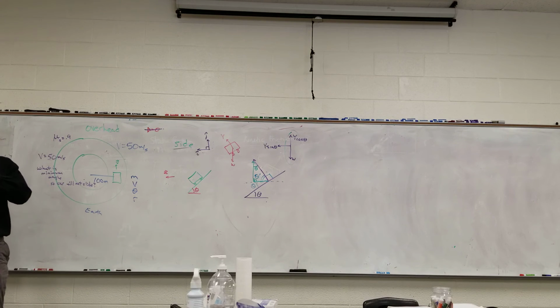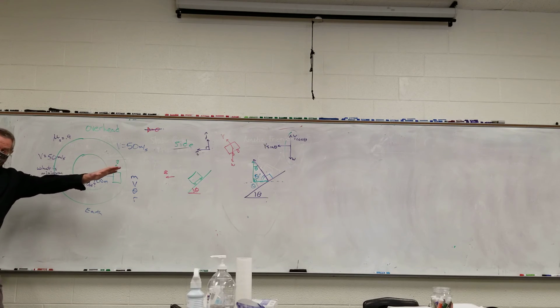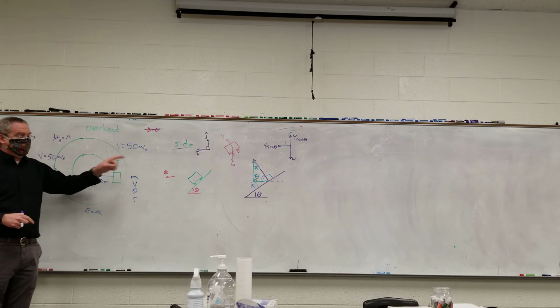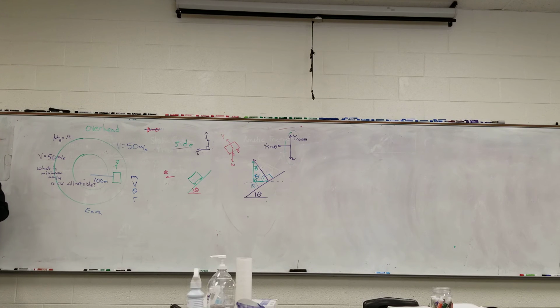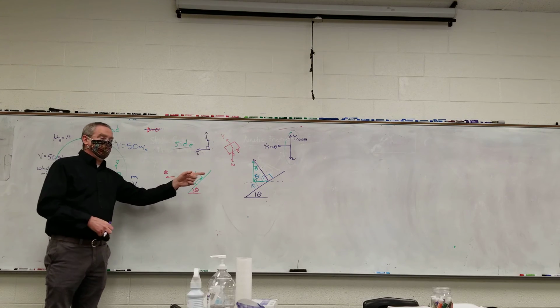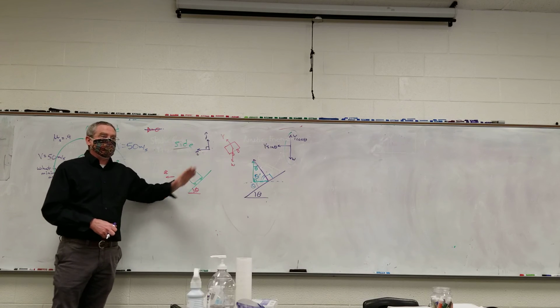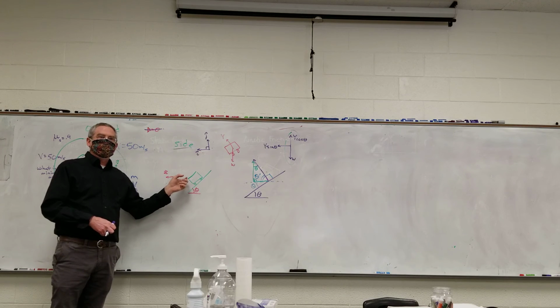So, since I'm dropping my angle to find a minimum angle, which way is friction going to act on the car? To the right. Well, it's going to be either up and to the right or down and to the left. Okay, sorry, up and to the right.